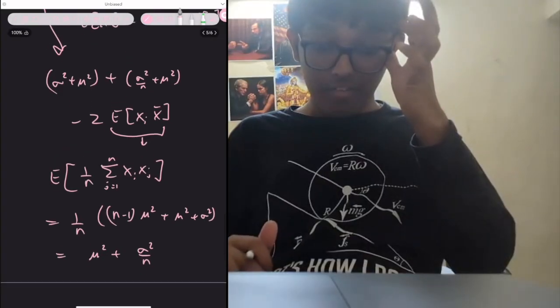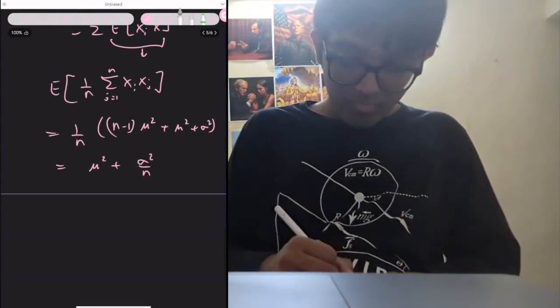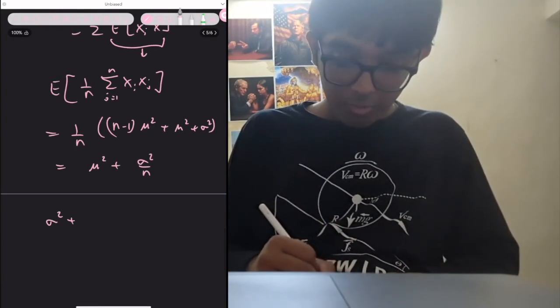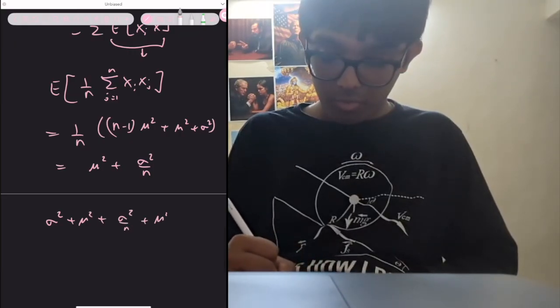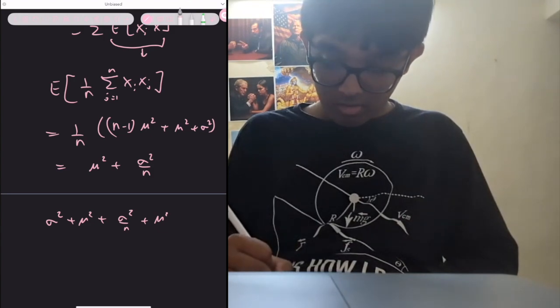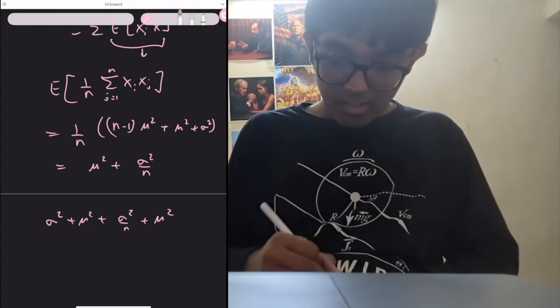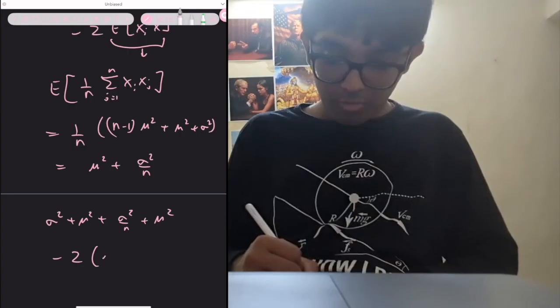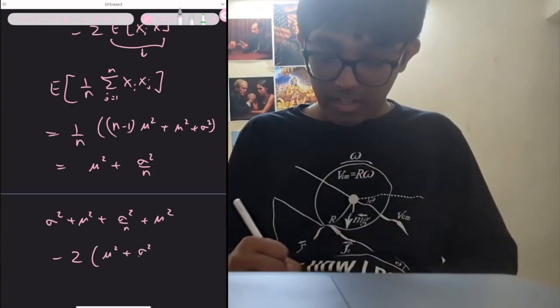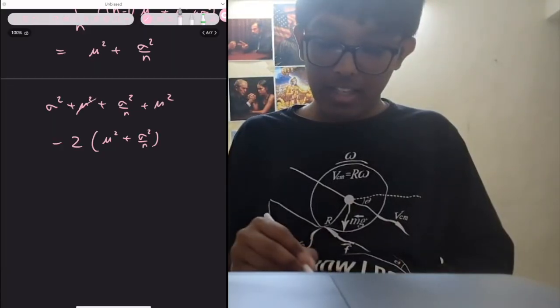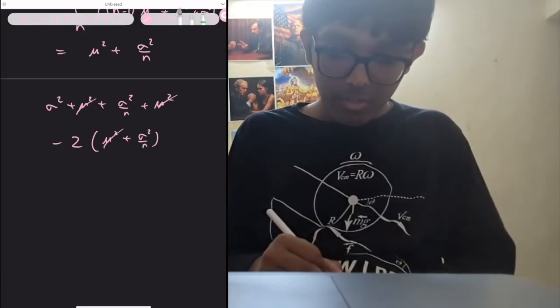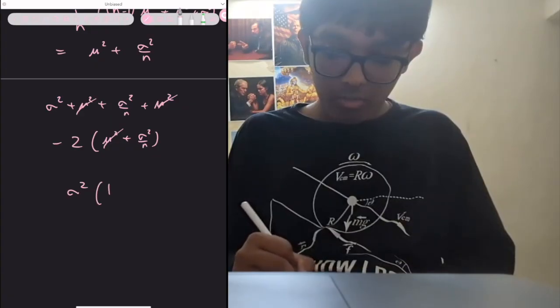Now our final value comes out to be sigma square plus mu square plus sigma square by n plus mu square, minus 2 times mu square plus sigma square by n. Now you can see where this is going. Our mu squares cancel out and we are left with sigma square times 1 minus 1 by n.